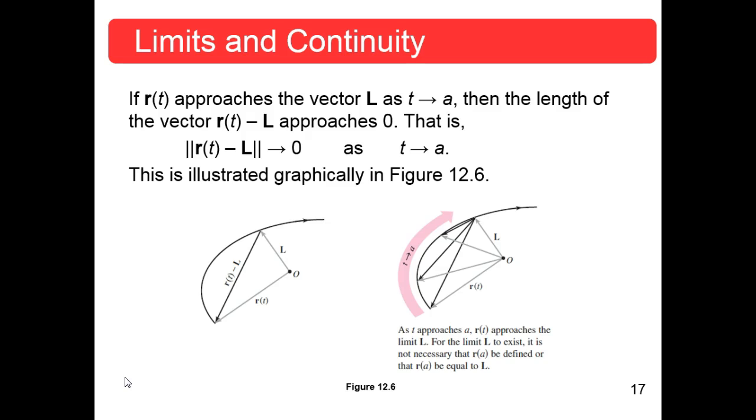Okay, now what does that mean? If this is the limit for the function r of t, here's your origin there, and here's the r of t, here's your limit L. As t is approaching a, the vector r of t is coming closer and closer to this vector L, and if that's going to 0 as t approaches a, that means the limit exists.